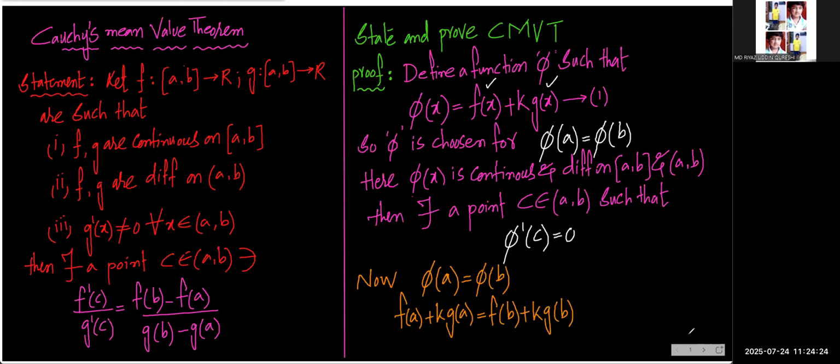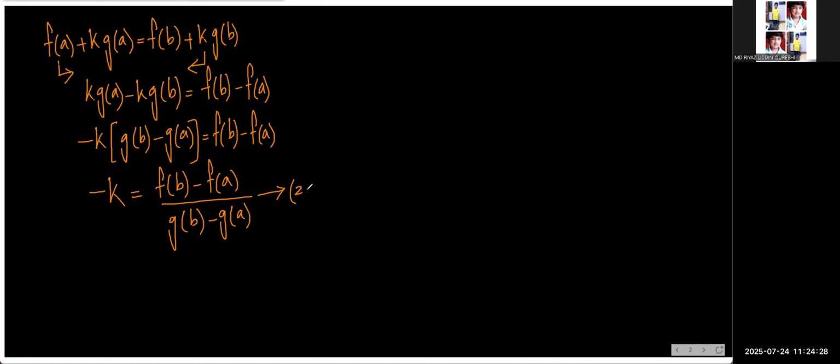This we take as the first equation. Okay, we have to take this as the second equation. Then also we know the value of phi of x is equal to f of x plus k into g of x.